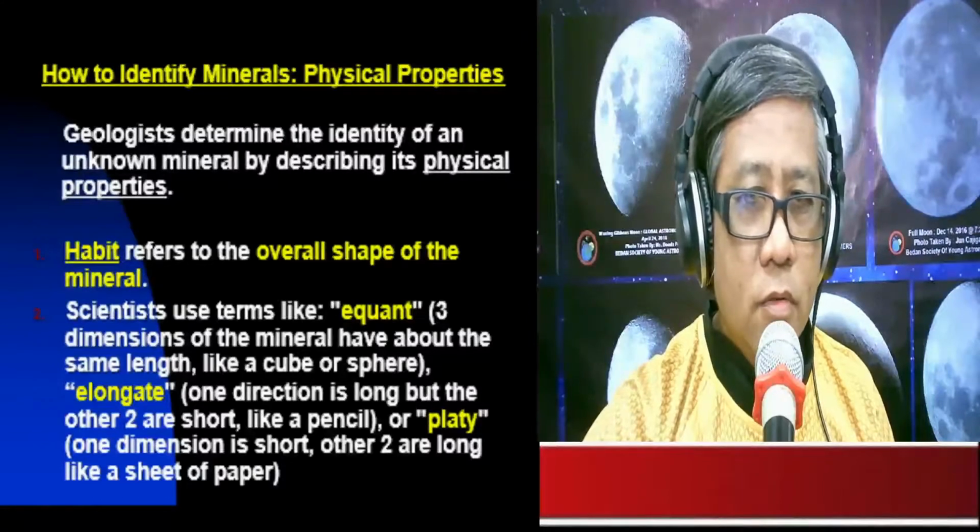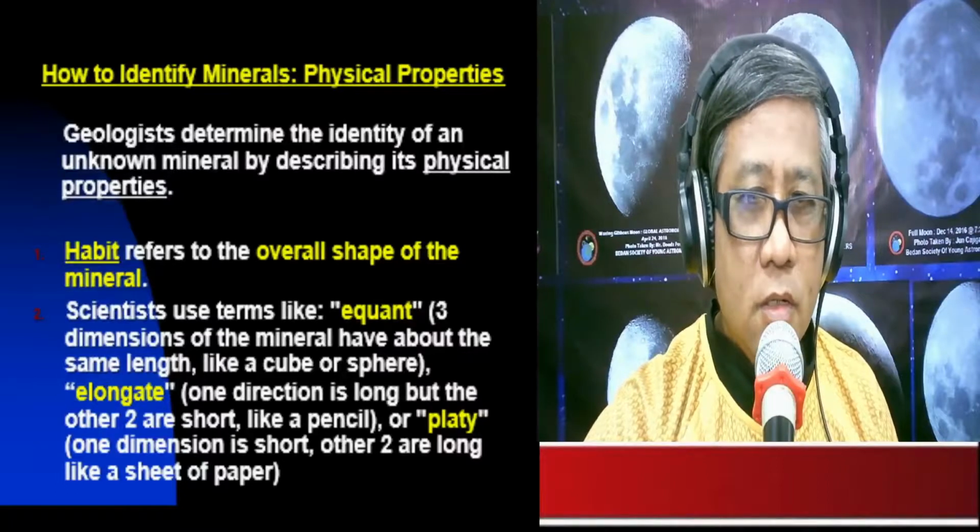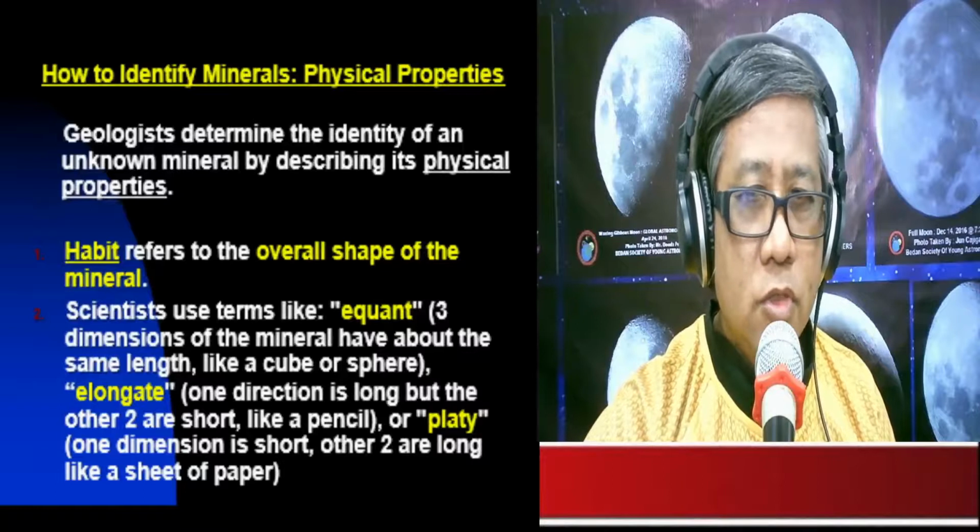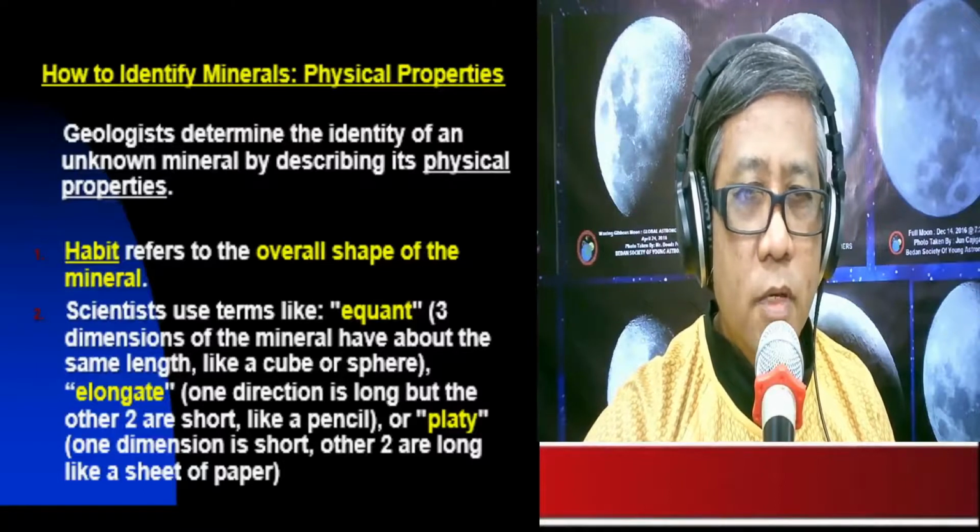Then we have the term elongate, in which the mineral has one direction which is long but the other two are short, like a pencil. Or the term platy, in which the mineral has one dimension which is short while the other two are long, like a sheet of paper.